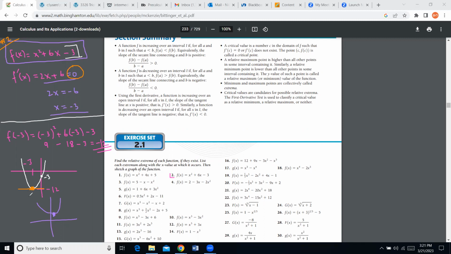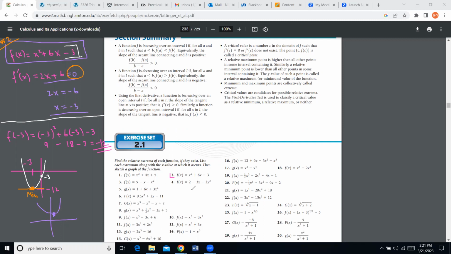So you get the lowest point on this graph, or minimum point. And that's really all we need, because the vertex is the minimum, at the point -3.